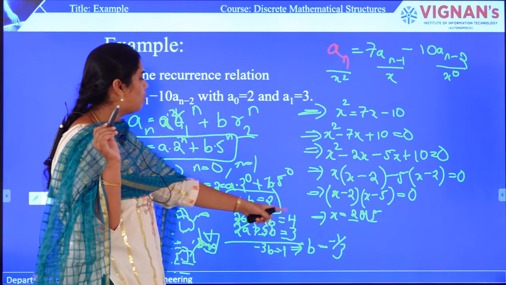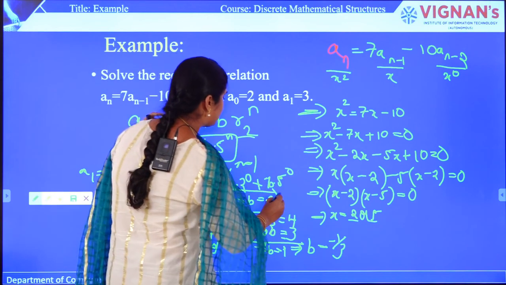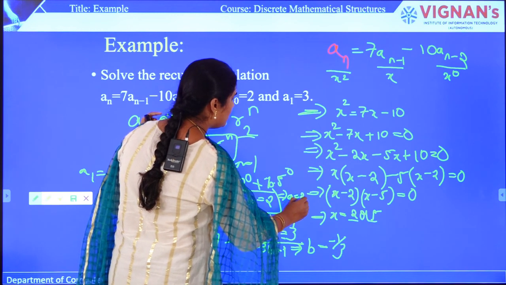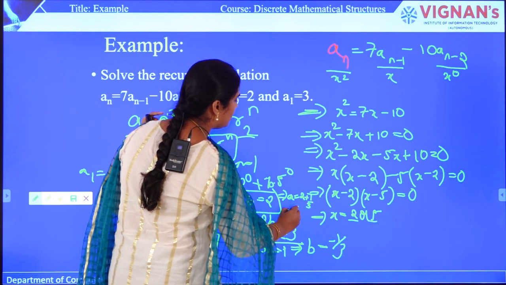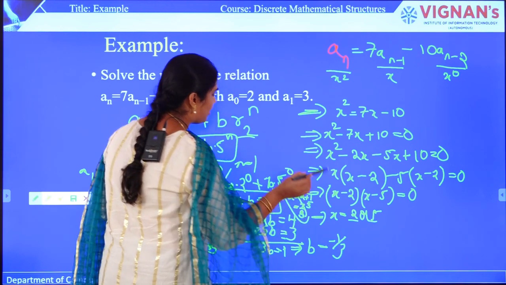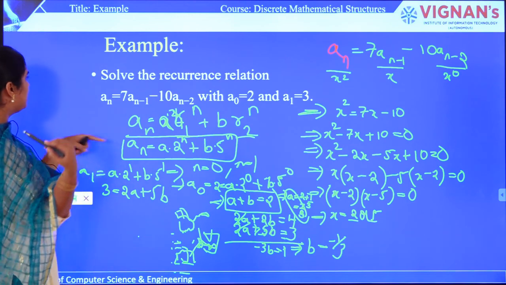So what will we be doing now? This minus 1 by 3, I will be substituting over here. So if I substitute this over here, the value of a I will get will be 2 plus 1 by 3, that is nothing but 7 by 3. So a is equal to 7 by 3 and b is equal to minus 1 by 3, that we will be substituting in this equation.